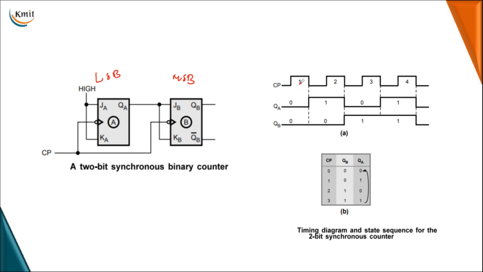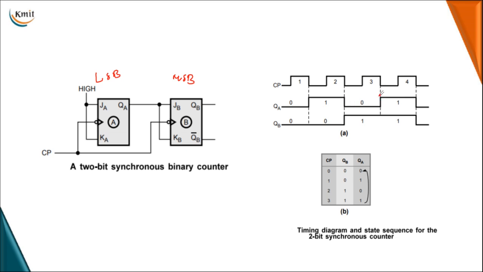Next, upon the first clock pulse, since J and K are logical one, the A flip-flop is in toggle mode, so QA will toggle from 0, the present state, to logical one, and this state continues till the next negative edge of the clock, which is the second clock pulse. On the second clock pulse negative edge, the state changes from 1 to 0.